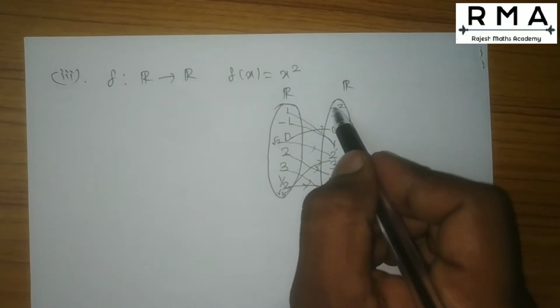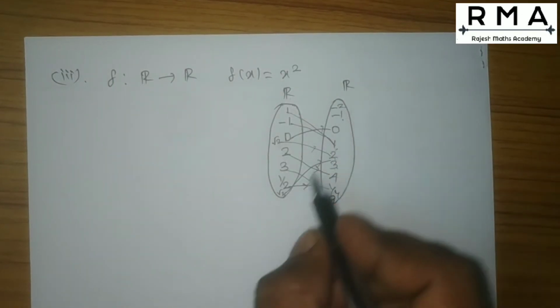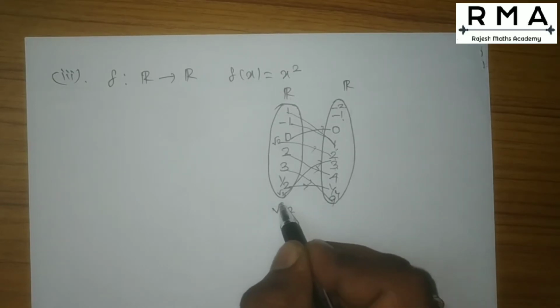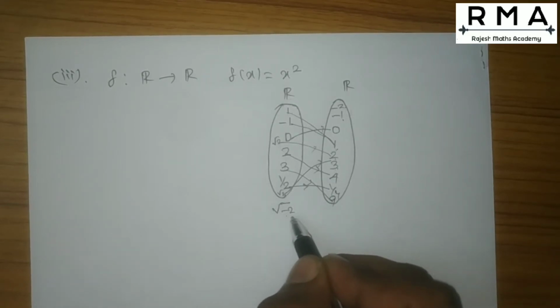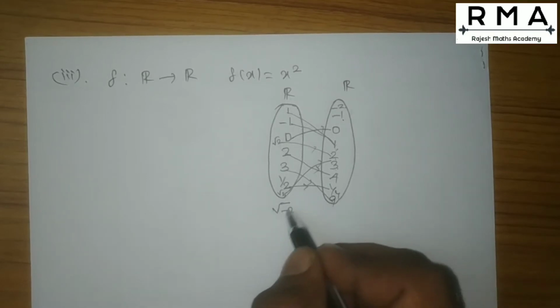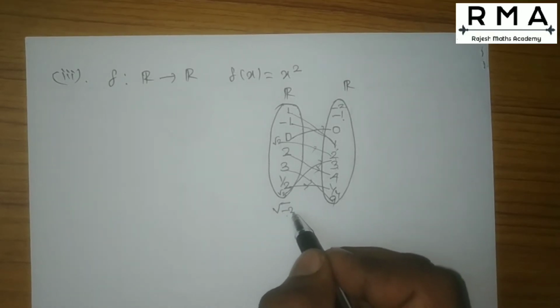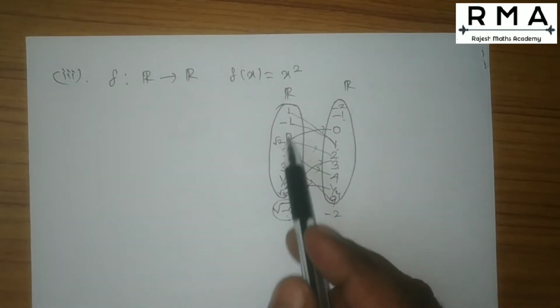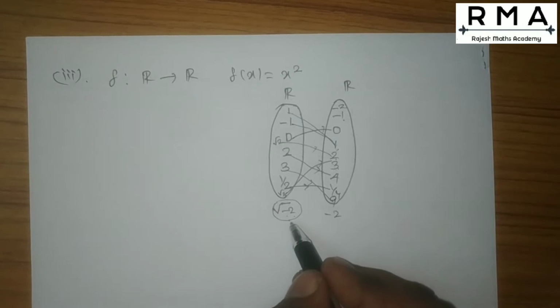But negative numbers are left unmapped, because for a negative number I need to take its square root, that is root of -2, whose square equals -2, that only will map. But root of -2 is a complex number. This number does not belong to the real number set, so clearly it is not onto.